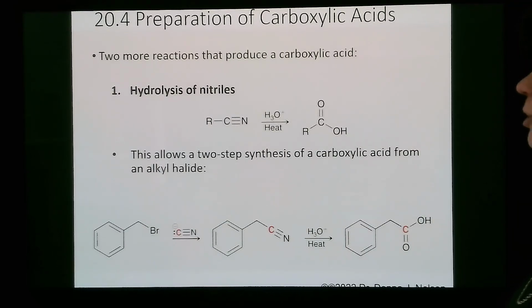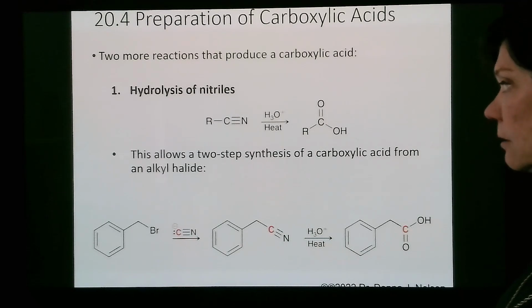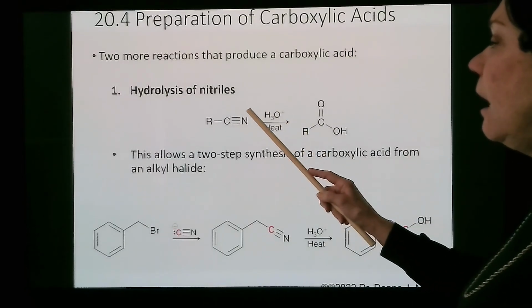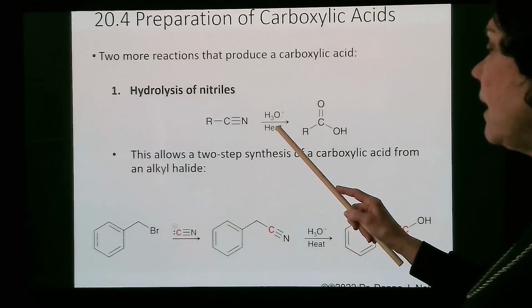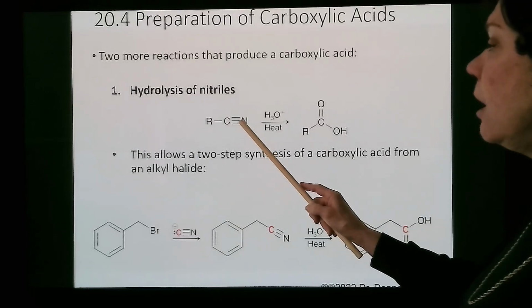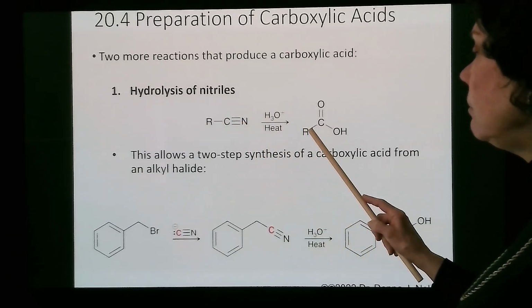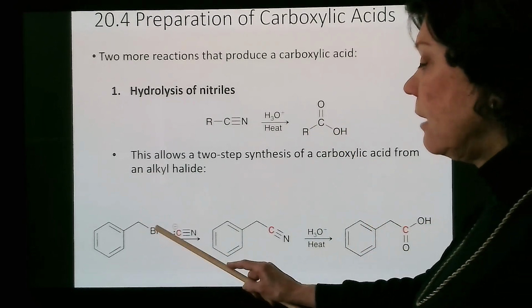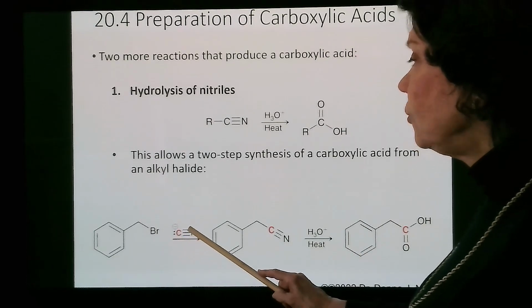Two more reactions. This reaction you have already seen, the hydrolysis of nitriles, the addition of dilute acid and application of heat will convert an alkyl cyanide to the carboxylic acid. So here you have an alkyl halide treated with cyanide.